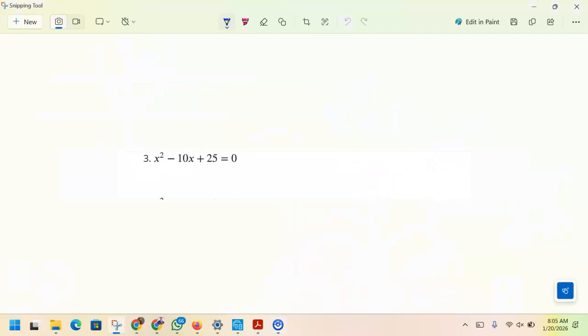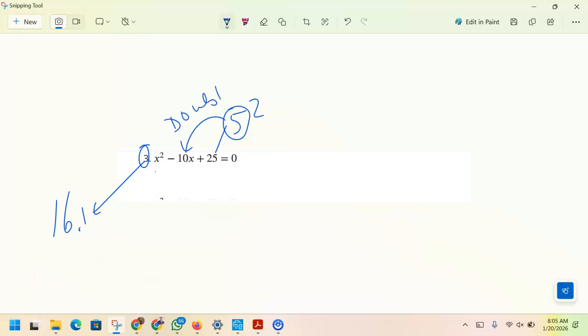This part we already did in the warm-up problem number 16.1. If you see, we already did this. This is 5 squared, see? And this 5, if you double, you get 10. So we can write this as a square of a binomial because this is a perfect trinomial.